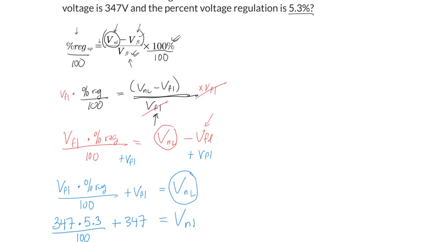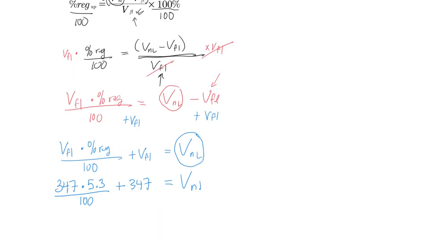Okay, let me pause and do that on my calculator. Okay, on my calculator, it says the voltage no load is going to be 365.391. And the question might ask you, or your instructor might tell you, how much to round that off.